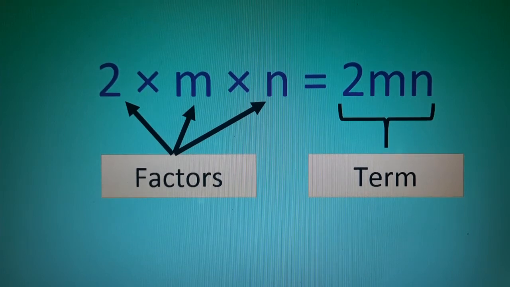Now look at this example. 2 multiplied by m multiplied by n equals 2mn. So 2mn is the term. And you can see in this example there are three factors.